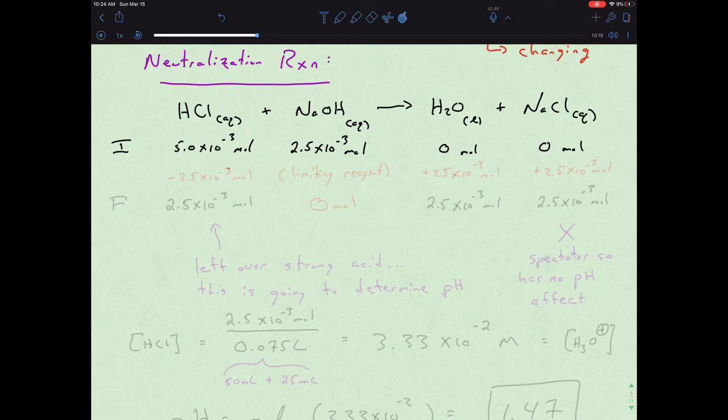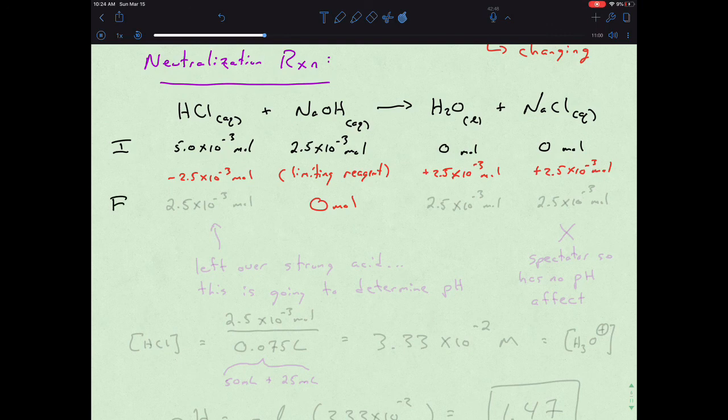So here, again, going way back, our sodium hydroxide here is the limiting reagent, right? So that's basically going to go to 0 mole as a result. And that's telling us how the mole values are increasing or decreasing relative to that limiting reagent.